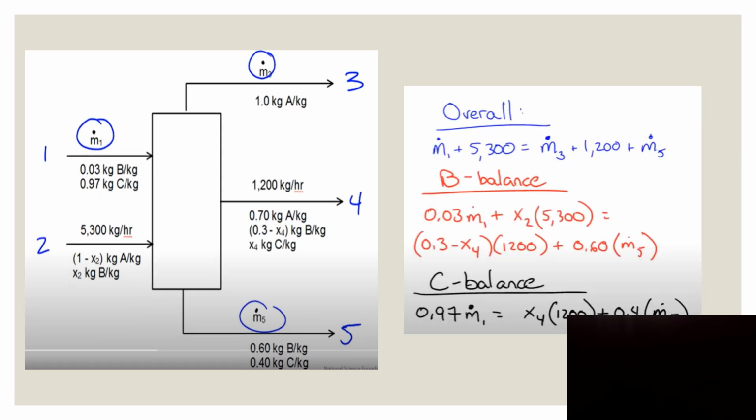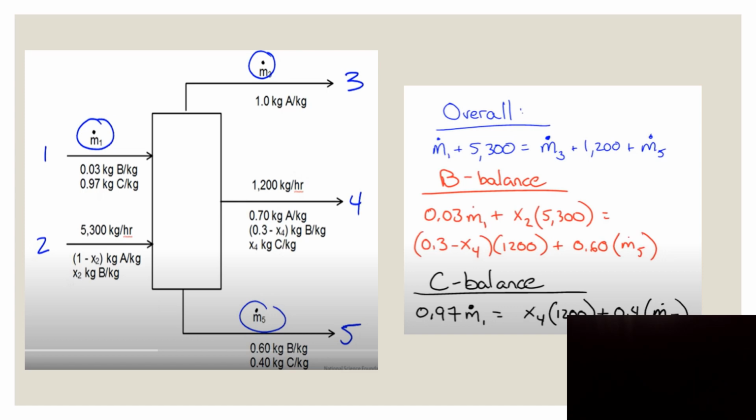Okay, next. So the first thing we do is write our balance. We can start with the overall balance, or we can start with the A, B, or C balance. Usually, I like to start with the overall balance. Okay, so our balance is M1 plus M2. M2 is already given, 5,300 kg per hour. M in equals M out.